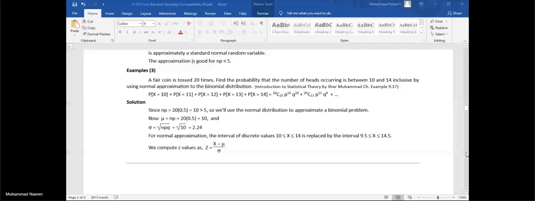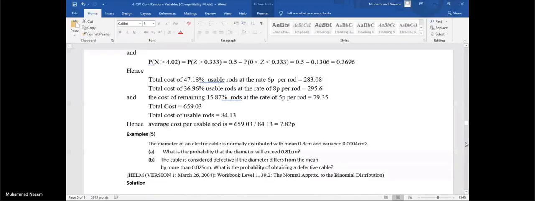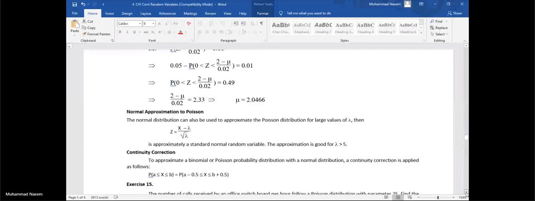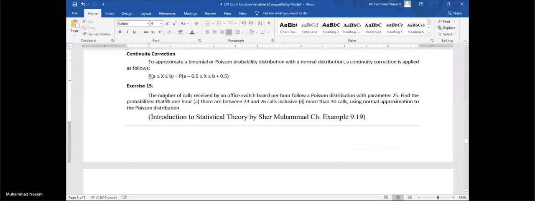Similarly, we can also approximate our Poisson problems using normal distribution. Let's read this statement. A number of calls received by an office switchboard per hour follow a Poisson distribution with the parameter 25.